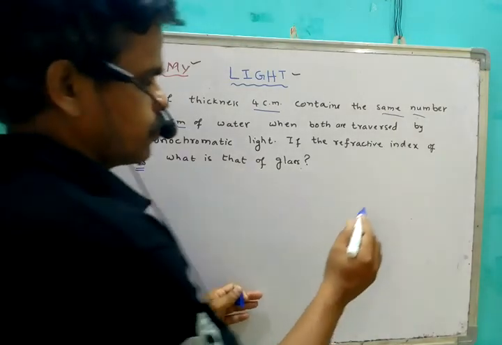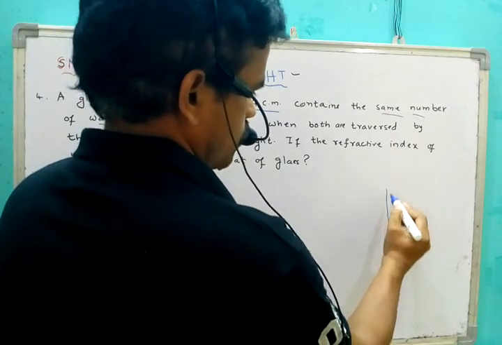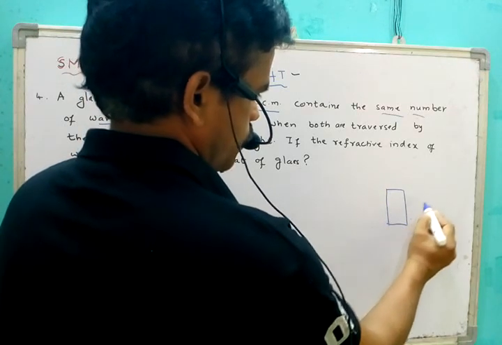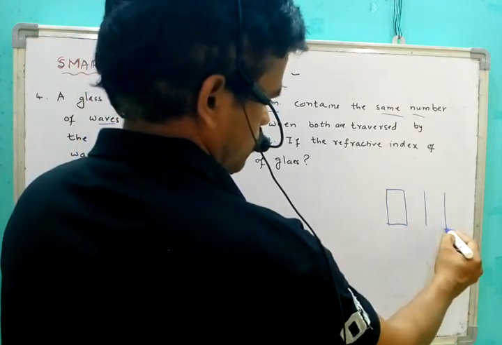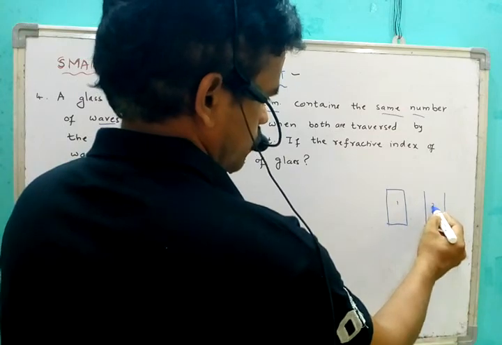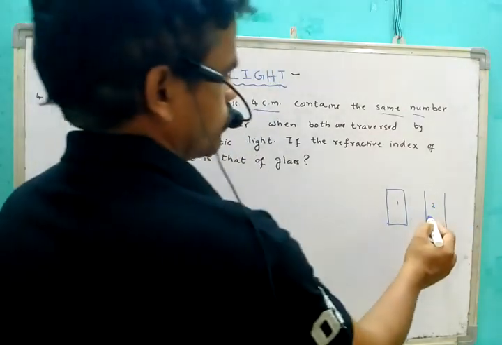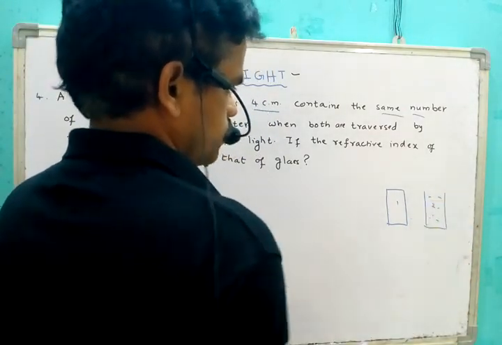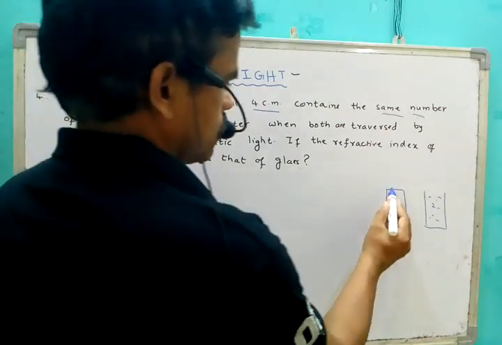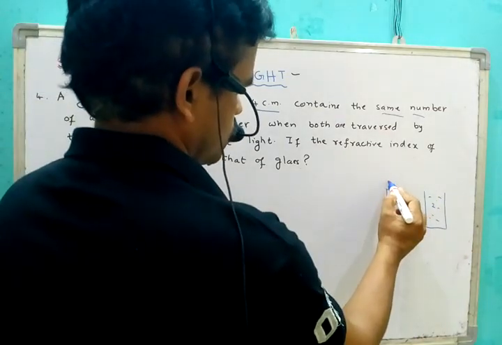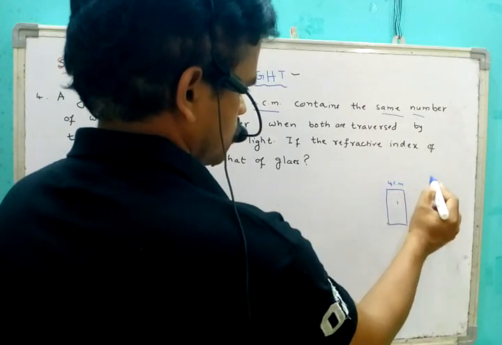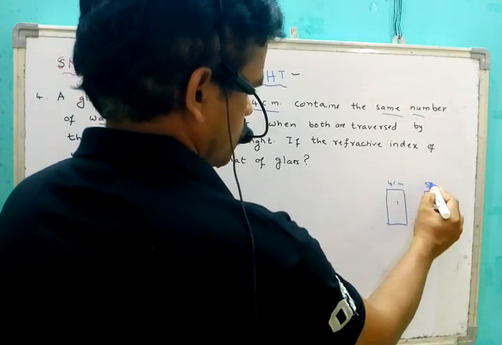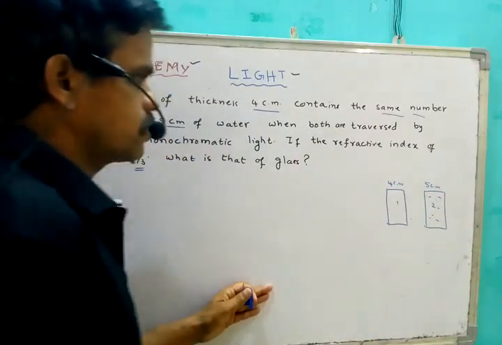So here there are two mediums, one is the glass slab, and one more is water. The first medium and the second medium. Look here, the length of the glass slab is 4 centimeter, and the length of the water medium is 5 centimeter.